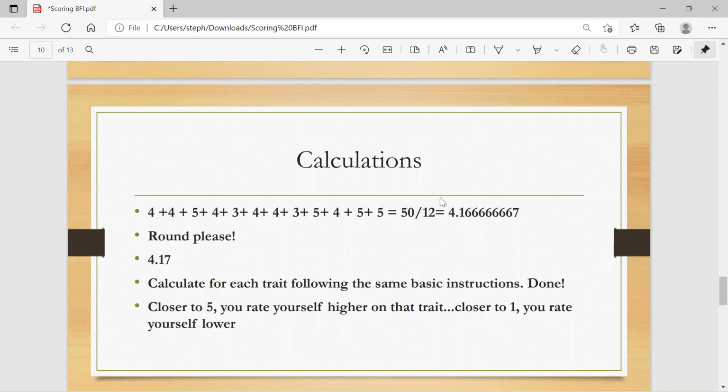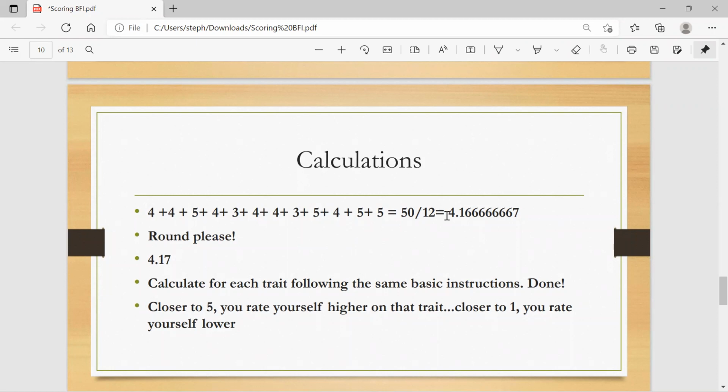So if your number over here is closer to 5, that means you're going to rate yourself higher on that trait. So if you got 4.9 on openness, right, that means you're more open than closed. The closer you are to 1, the more closed you are, right?